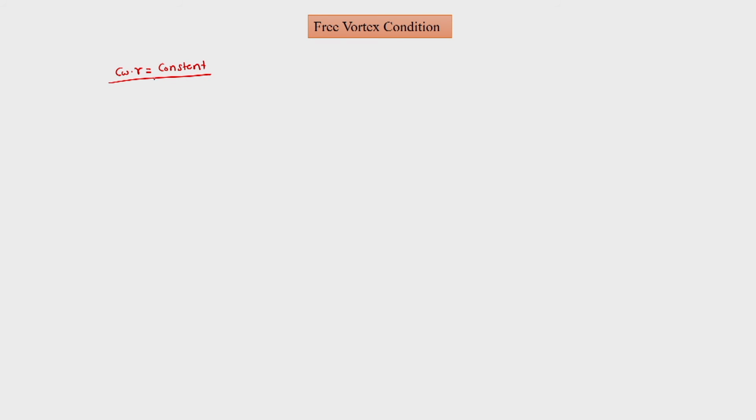Using that condition, we can translate the velocity triangle drawn for one height to the velocity triangle for another height. So we can take help from that. So we can say Cw2 into R2 is equal to constant.